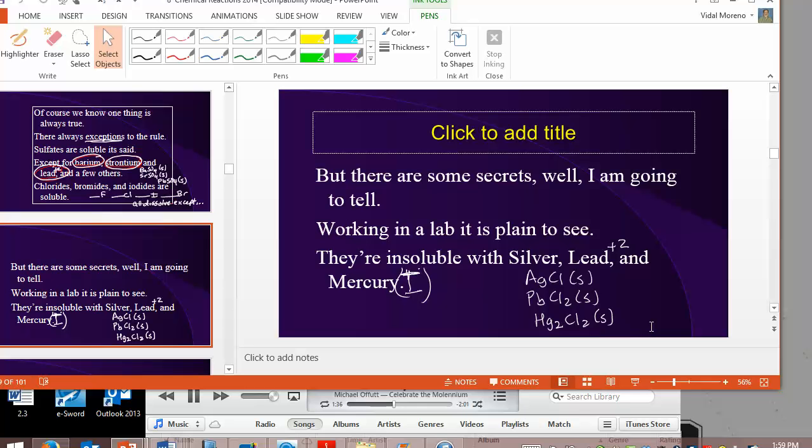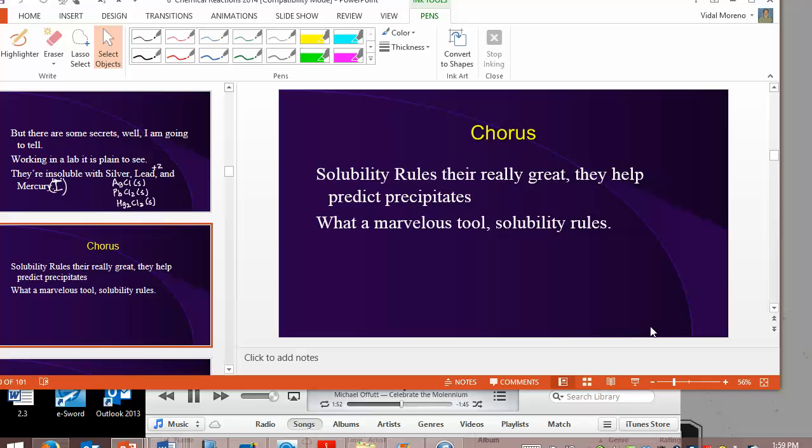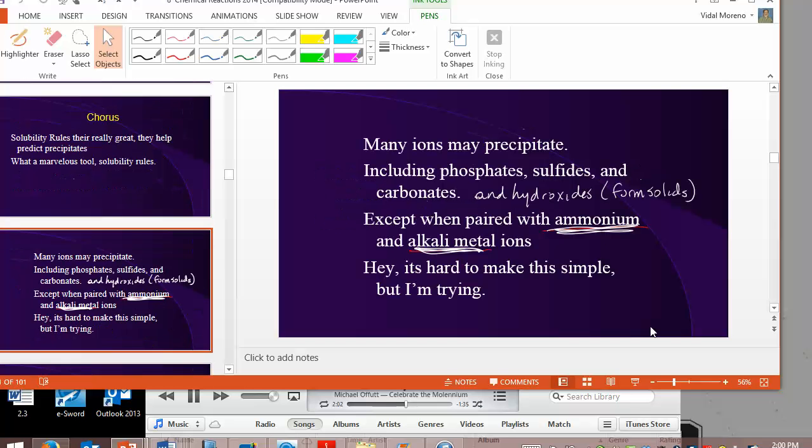But there are some secrets, well, I'm gonna tell. Working in the lab, it's plain to see. They're insoluble with silver, lead, and mercury. Solubility rules, they're really great. They help predict precipitates. What a marvelous tool. Solubility rules.